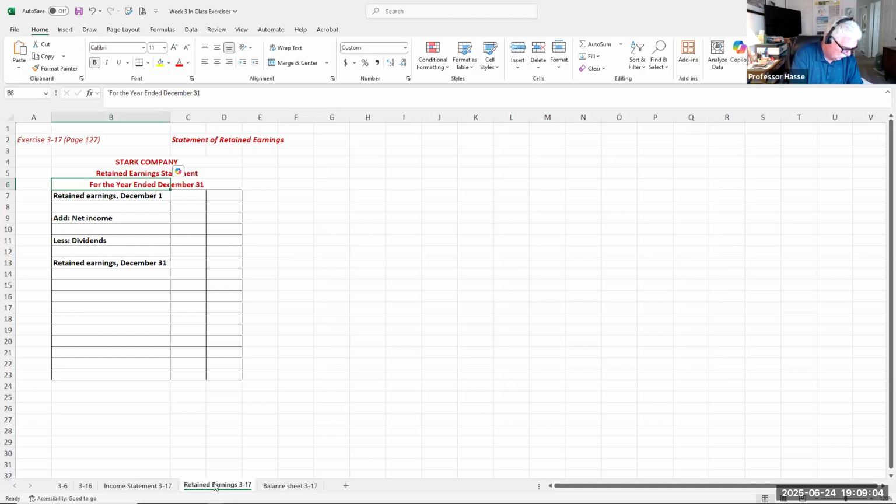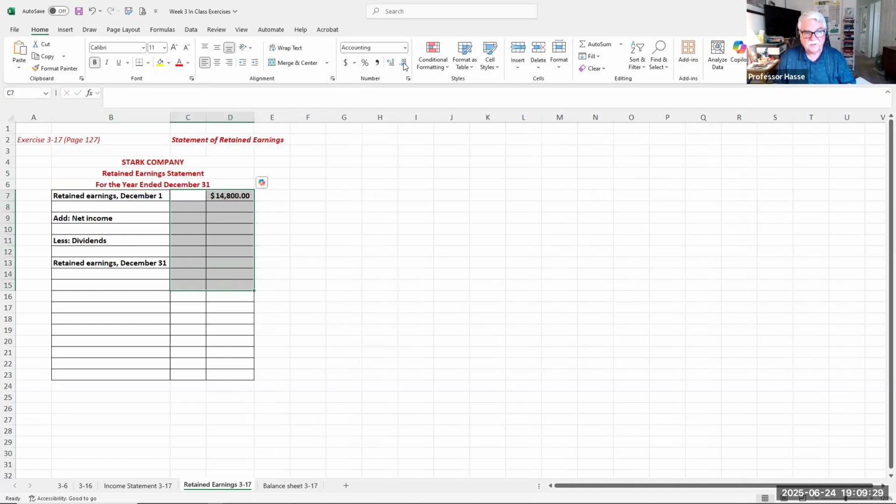Now we'll take this information and complete the retained earnings statement for this period of time. They tell us in the problem in exercise 3.17 that the retained earnings account balance was $14,800 on December 31st of the prior year. So that means at the beginning of this year, it was $14,800. Beginning balance to the year. There it is right there. All right, they gave us that in the problem.